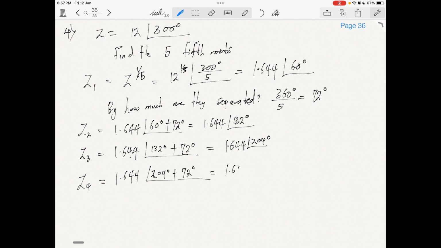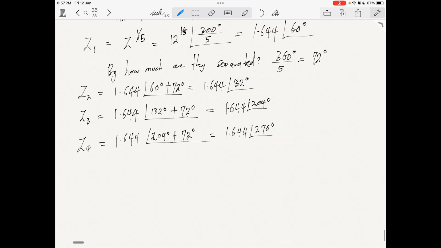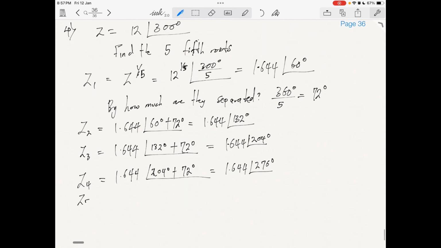This is 1.644 argument 276 degrees. And finally, Z5 is equal to 1.644 argument 276 degrees plus 72 degrees. This gives us 1.644 argument 348 degrees. Now, this can be sketched on an Argand diagram.